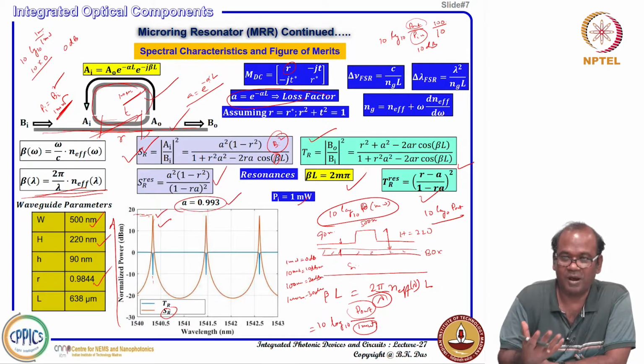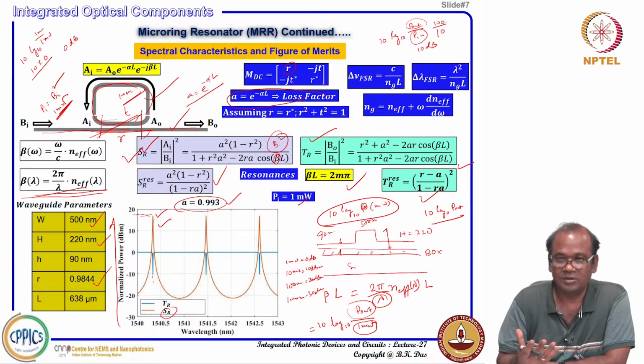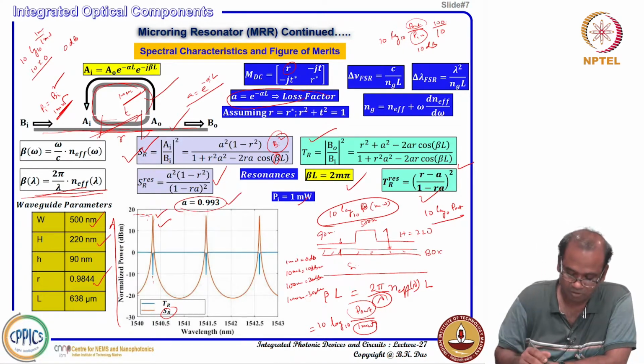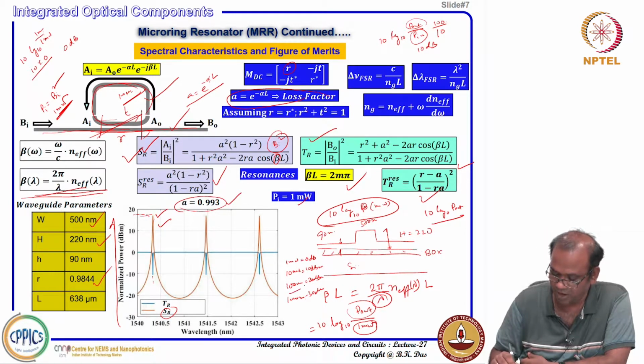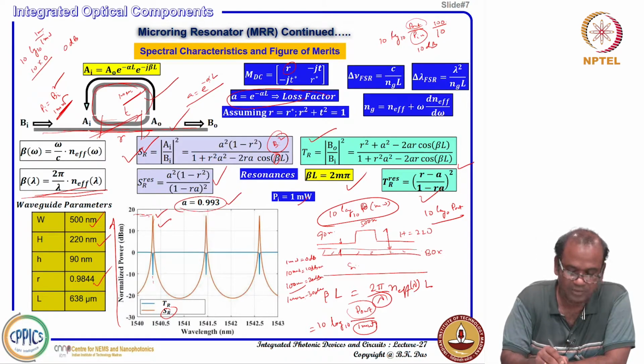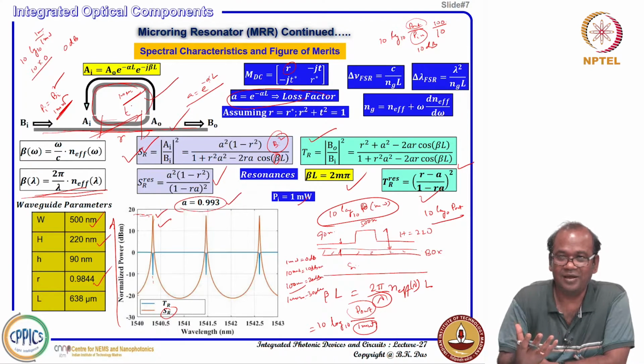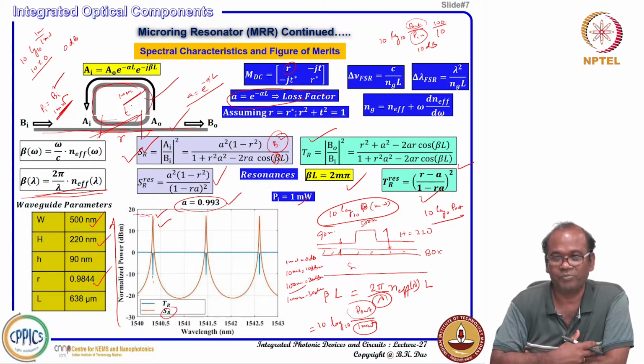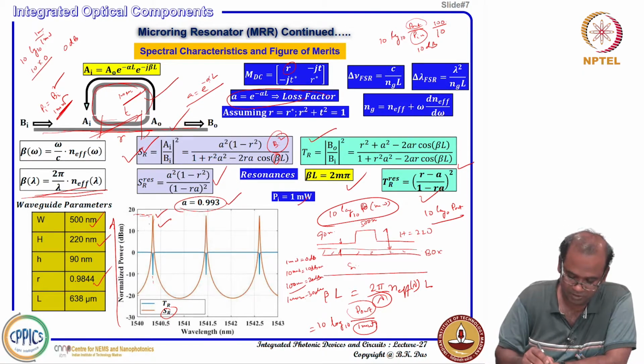Power inside the cavity is now increased many folds, close to 20 dBm. That means 20 dBm means how much? That is about 100 milliwatt. So, you are launching here 1 milliwatt and it is passing, but inside in steady state it is storing 100 milliwatt power flowing inside all the time, if it is 20 dBm.